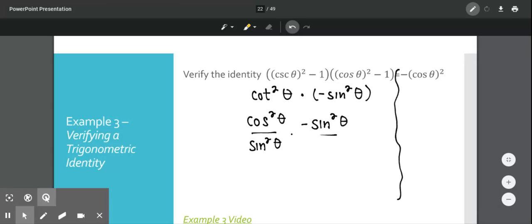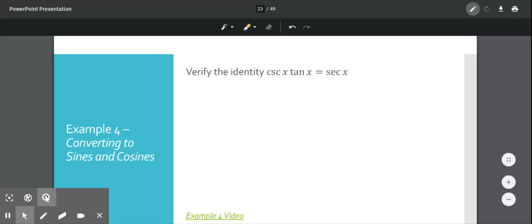Right, and this is really over 1. And so then this sine squared simplifies with that sine squared, and you're left with a negative cosine squared, which is what we wanted over on the other side. So we didn't even have to go over and change that right-hand side.